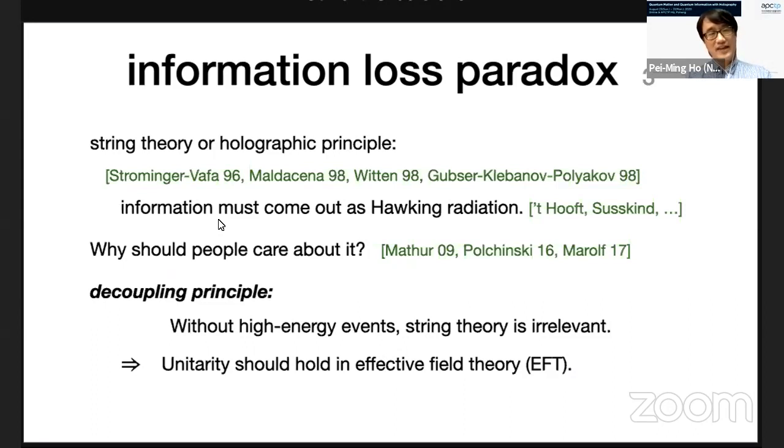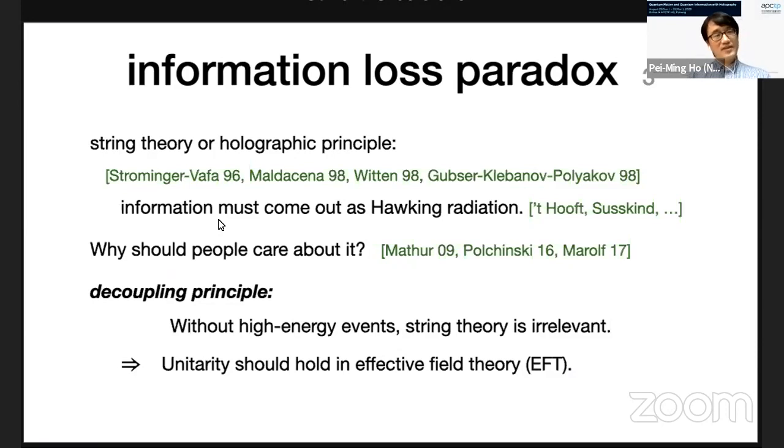The low energy effective theory should be sufficient to describe the phenomena. So unless there is some Planckian scale or very high energy events, the standard model should be working. And the standard model is unitary, so whatever you can describe with the standard model would be automatically unitary.